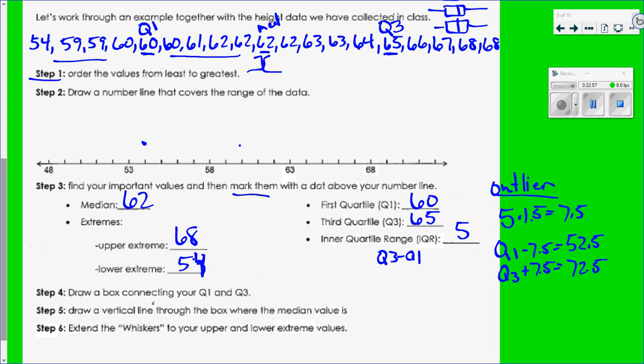Pretend that if you were doing a dot to dot with them, you would draw a line parallel to your number line. So they're all that exact same height above your number line. Next is my median. My median's at 62. The third number is my third quartile, which is at 65. And the last number is my upper extreme, which was 68.